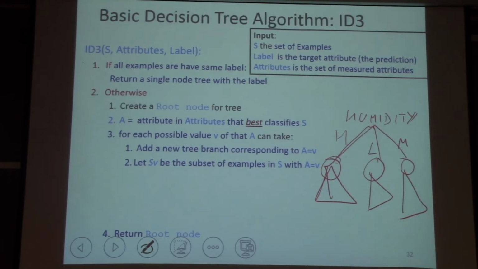That's it. The subset is also a set of examples, and you have a list of attributes which is all attributes except for humidity, because you already used it up. So you have a list of attributes, you have a target label, you have a set of examples, you have to build a tree. What do you do? We have an algorithm that builds a tree, which is this guy.